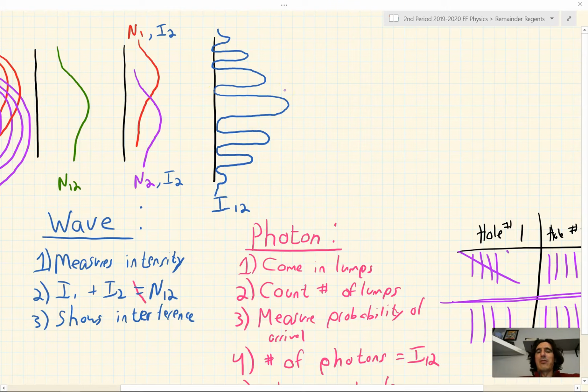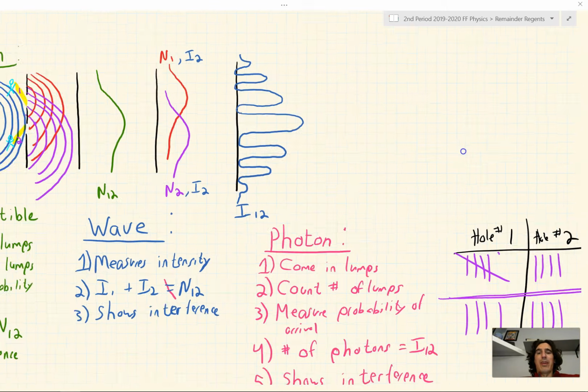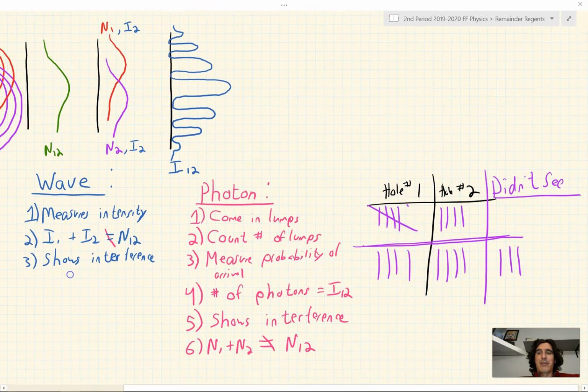So because we can count the number of photons, we say it behaves like a particle. And because we get the intensity like a wave, we say it behaves like a wave. But in reality, it doesn't behave like a wave or a particle. It behaves like its own thing, like a photon.